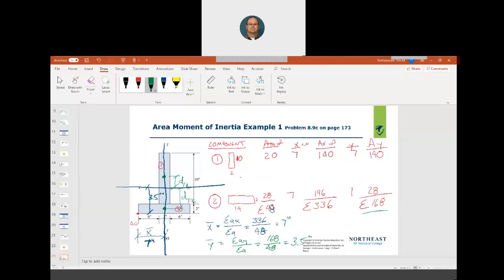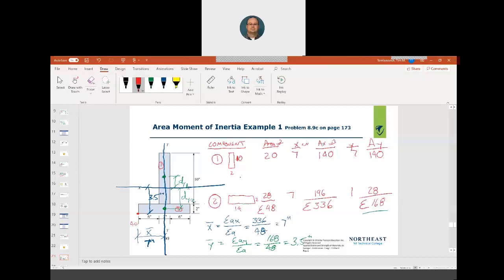So basically what that's going to do is help us with our moment of inertia. So this is the transfer formula. All right, so now we can find the moment of inertia. We located a composite centroid from 0, 0. Okay, so we're going to continue this table because we're going to use the same information. Okay, so I'm going to make this more clear here. So this was 48 inches squared.